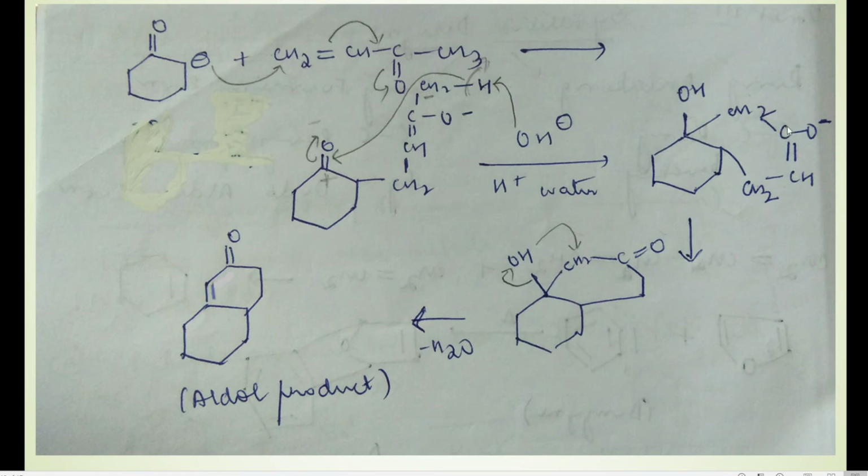It has 1, 2, 3, 4 and 5. Valency is 5, but the maximum valency this carbon can have is 4. Since one bond is shifting towards it, this bond here will get shifted onto this carbon as a negative charge.